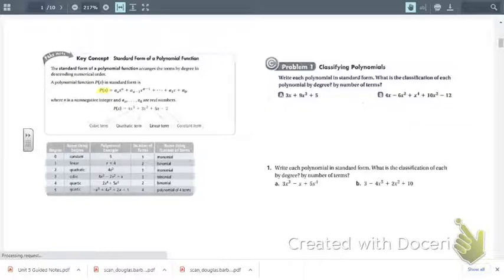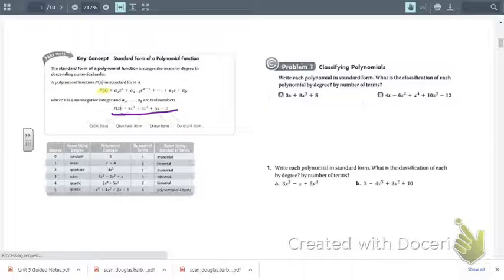The standard form of a polynomial function arranges the terms by degree in descending numerical order. This is important. So if we look at this polynomial function, we have 4x to the third plus 3x squared plus 5x minus 2.